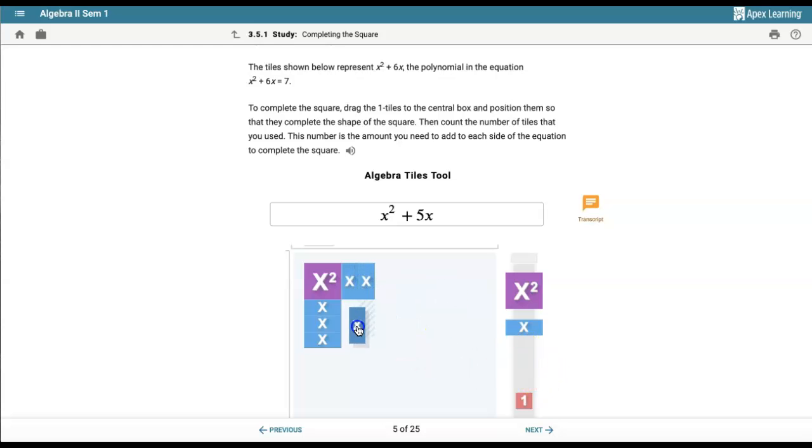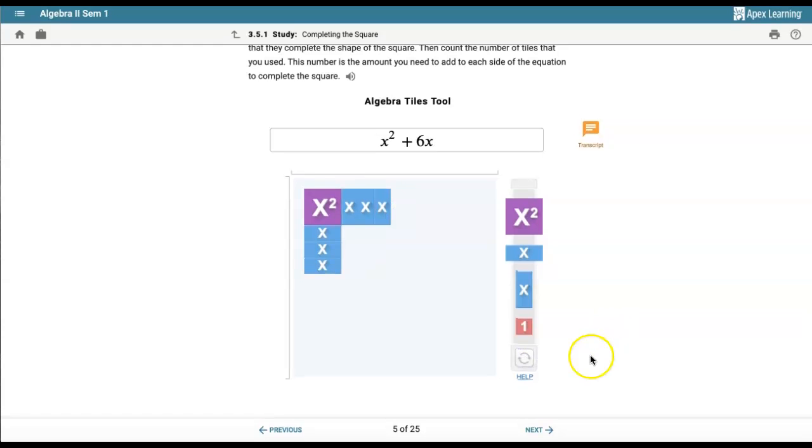Maybe there, 6x and a 1 and a 1. Oh, nope, it doesn't match up perfectly. There's still something off here. If you do this properly, you should end up with a perfect square. If I keep trying, eventually, with luck, I'll end up with a perfect square trinomial, but you've got to get it perfect.